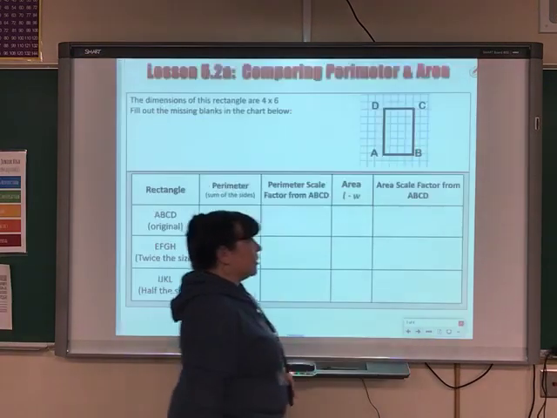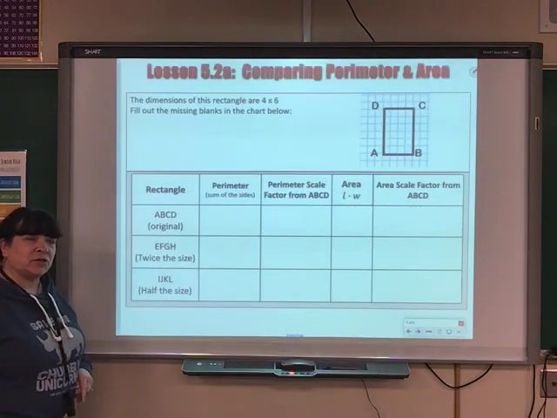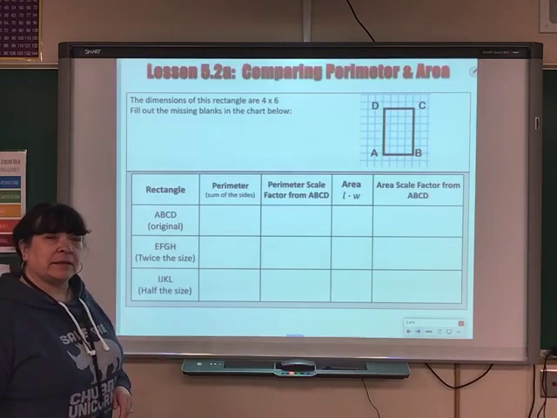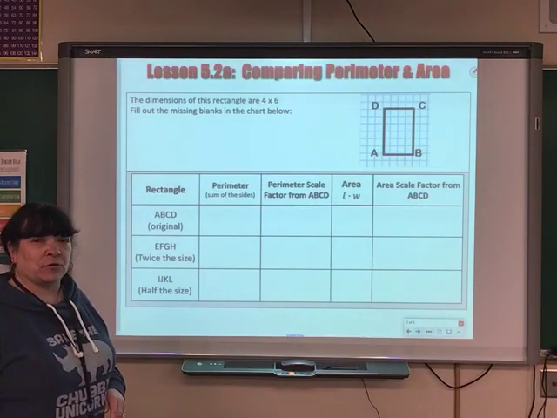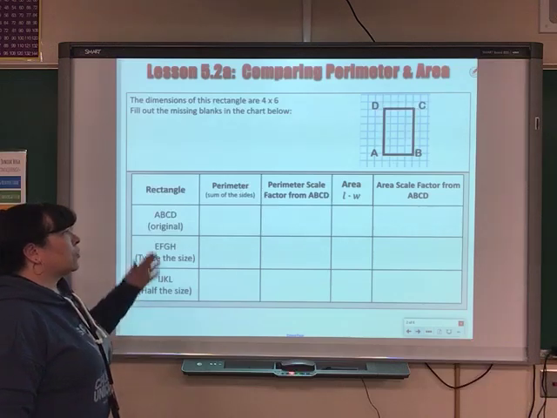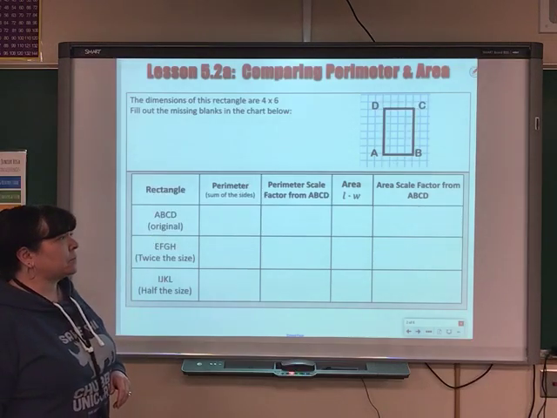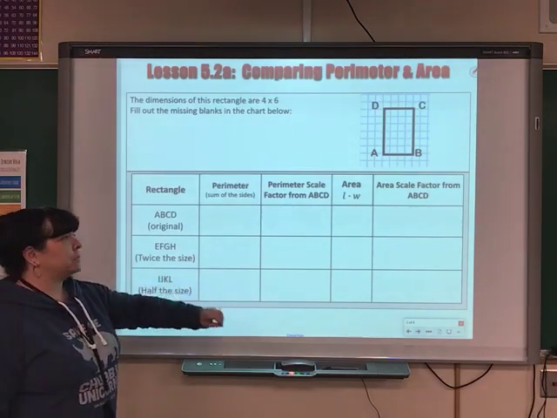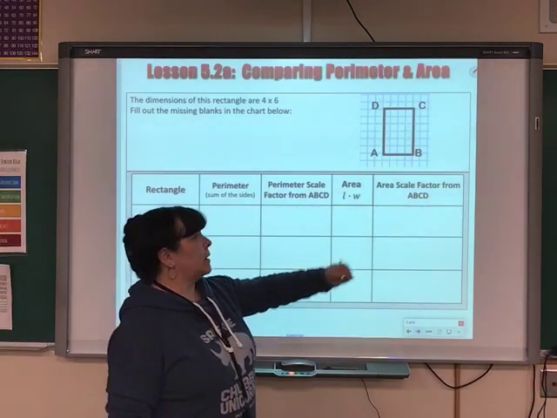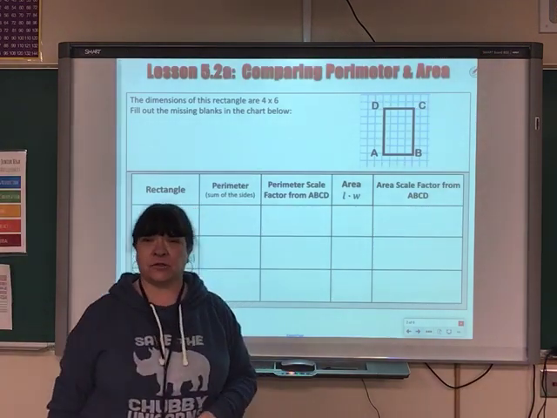As we look at our next thing, we're actually going to put this into a table format that might make it a little easier to start seeing some other relationships. We're going to talk about perimeter, the perimeter scale, area, and the area scale factor.